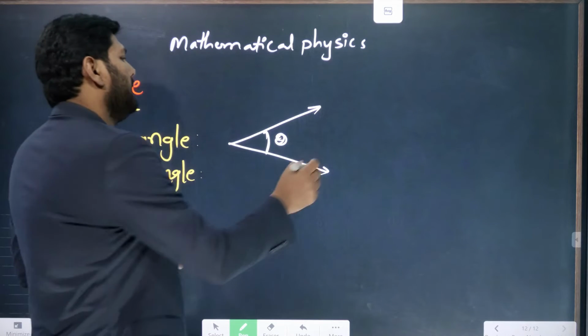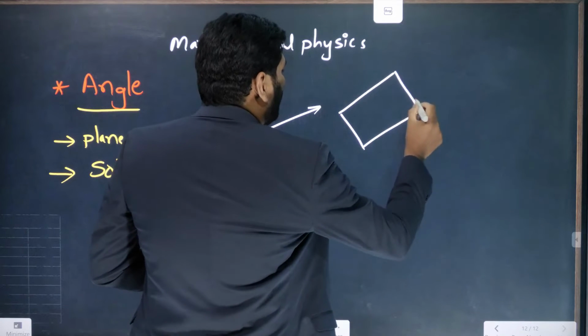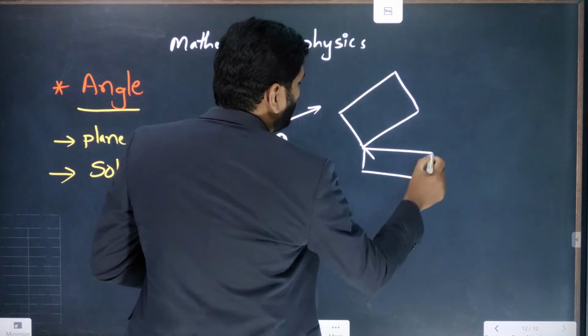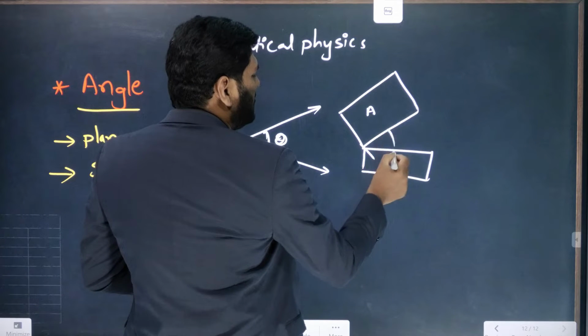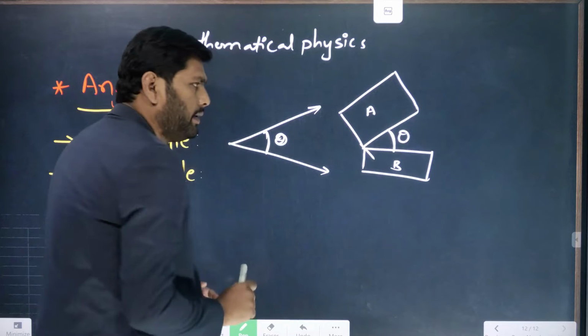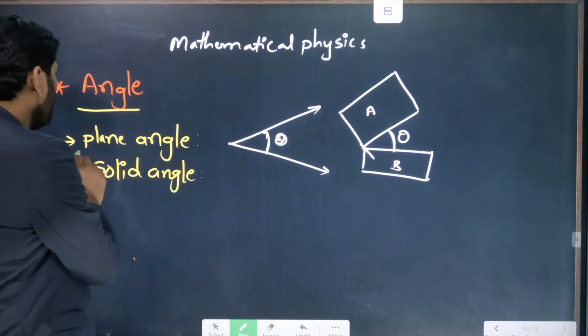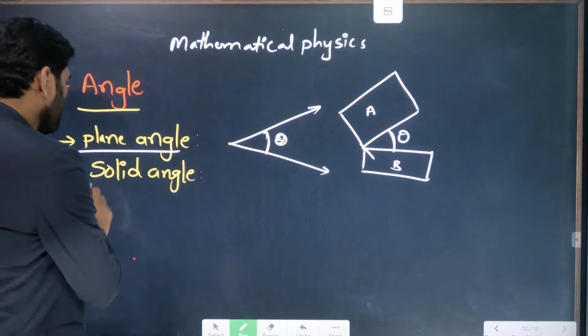For example, let us take this as one plane and this as another plane. This is plane A, this is plane B, and the angle between them we consider as plane angle. Understand?